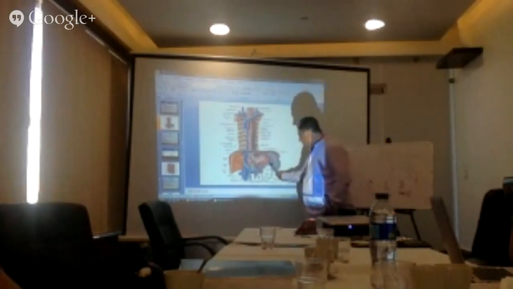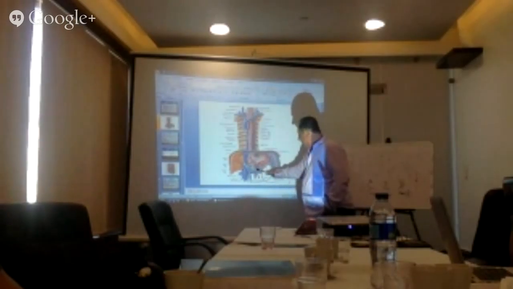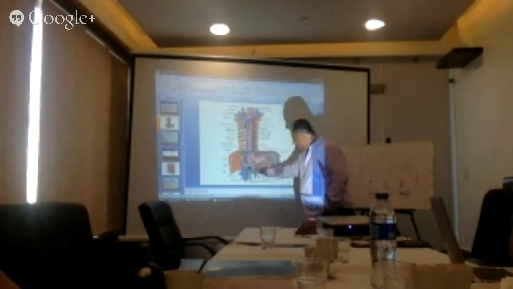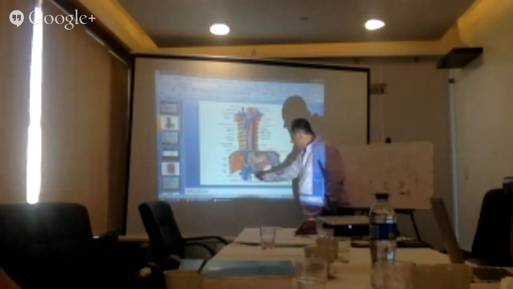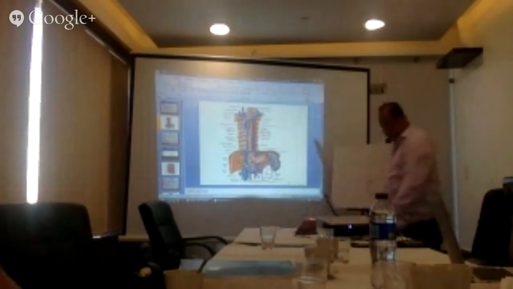But the main branches which form the portal vein, you have to know: the splenic, the inferior mesenteric, the superior mesenteric, and the other veins which are separate. They are going to drain the left gastric and the right gastric to the portal vein.